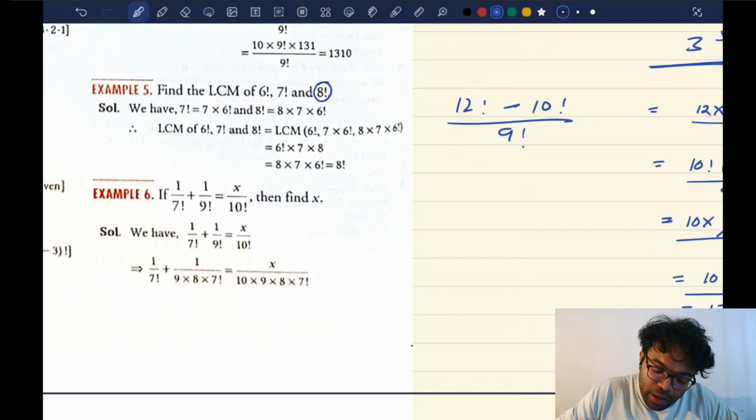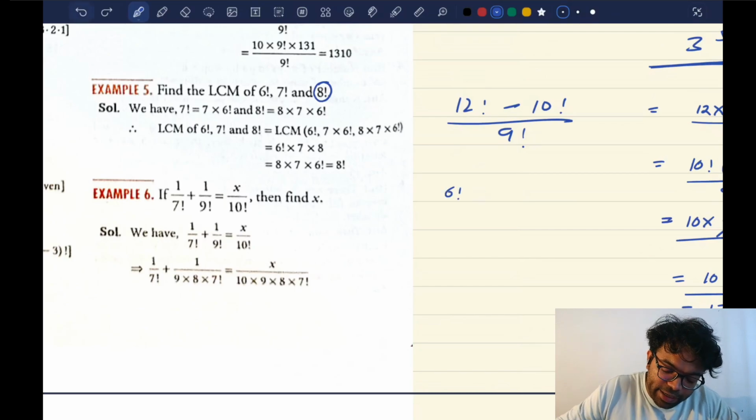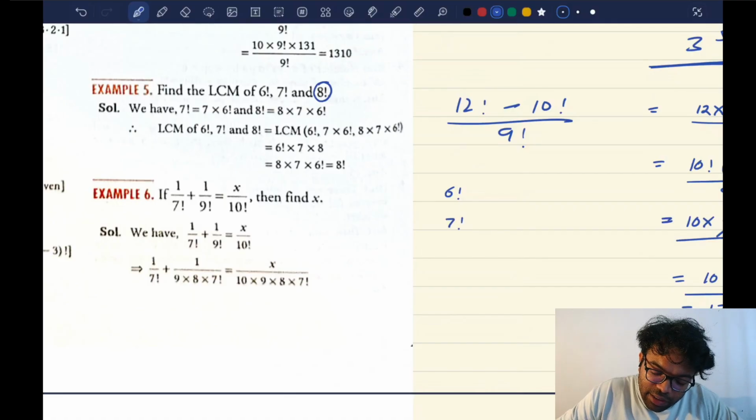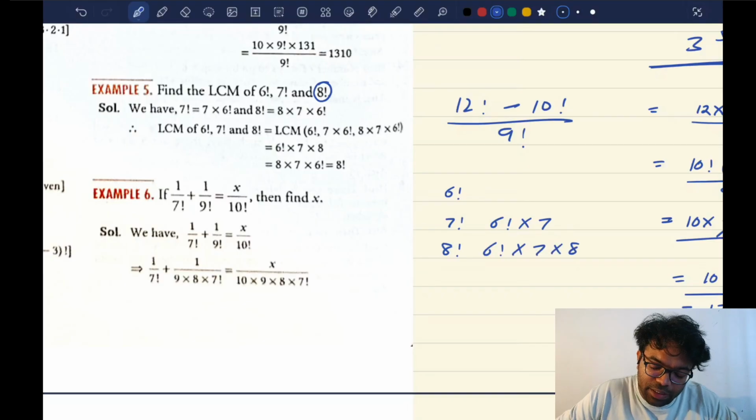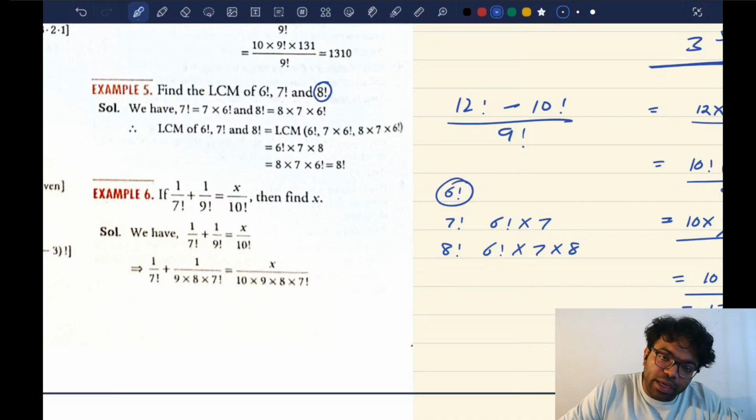I'll show you how. 6 factorial is like this. 7 factorial is 6 factorial into 7. 8 factorial is 6 factorial into 7 into 8. So basically 6 factorial also divides 8 factorial.